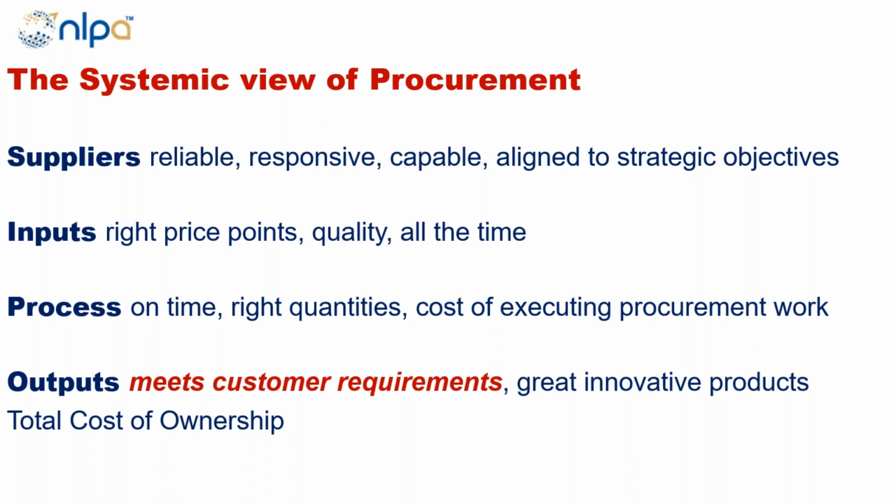So the suppliers are supposed to deliver the critical inputs at the right price points, on time, at the right quantities to our conversion processes, which convert those raw material inputs into useful products that are shipped via our logistics function to our customers, and they meet our customer requirements. So this essentially is the supply chain.